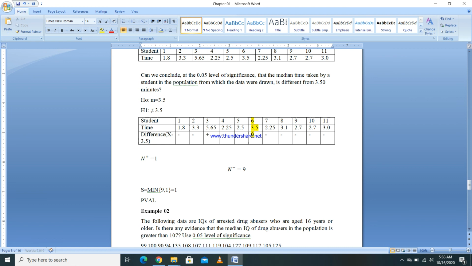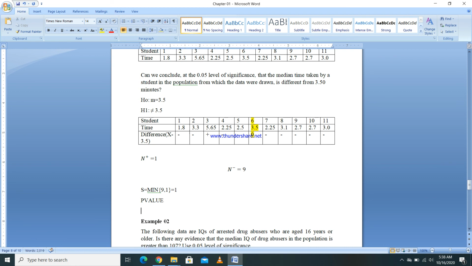Now we have to calculate the p-value. So the p-value is equal to the probability that our test statistic capital S is less than or equal to the observed value of the test statistic.